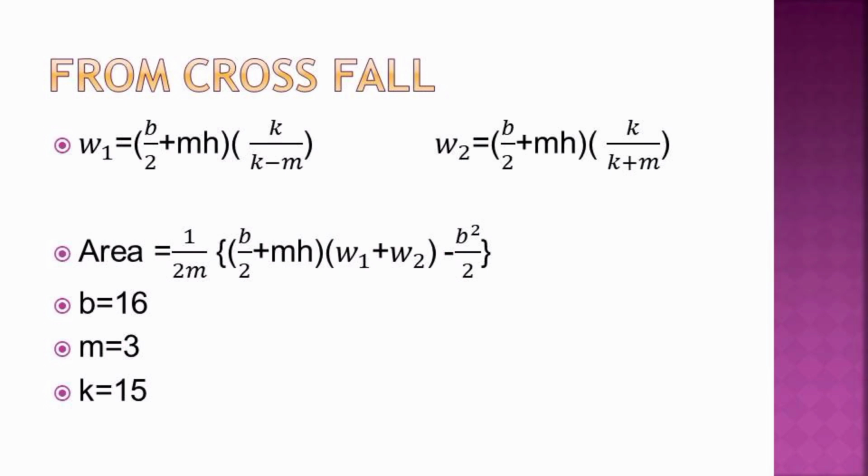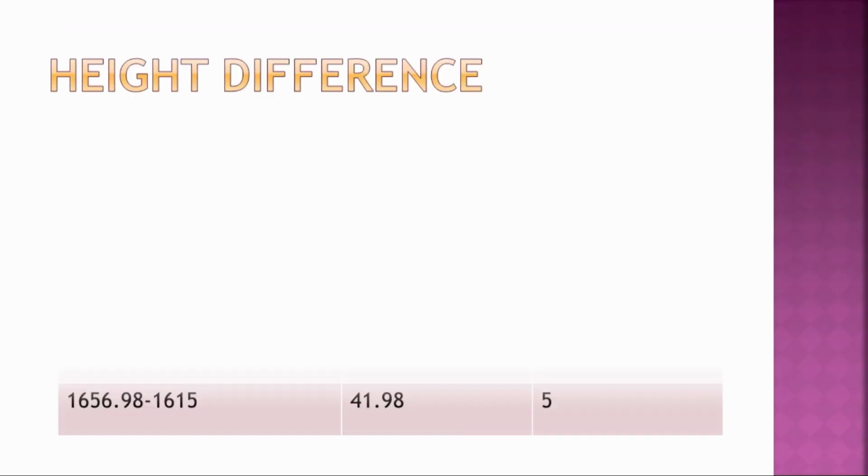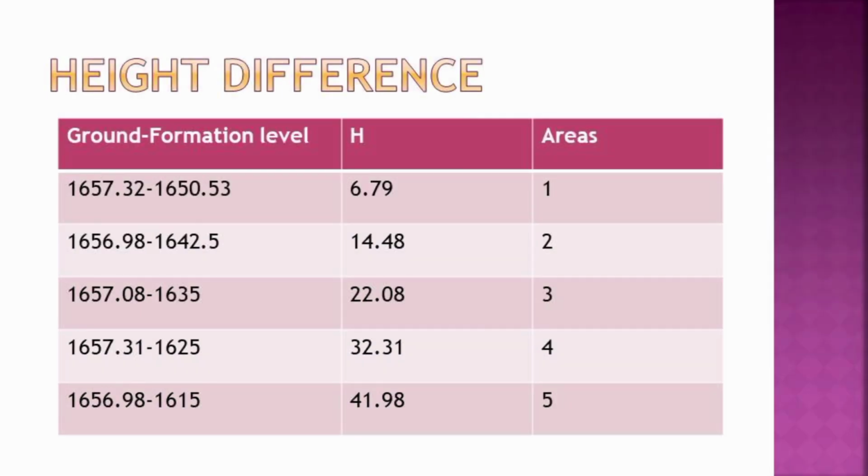Earlier we had calculated the formational level of all our chainages. So I go ahead and subtract the formational level from the ground level, and that difference gives me the height. So that is the height difference between the ground and the formational level.